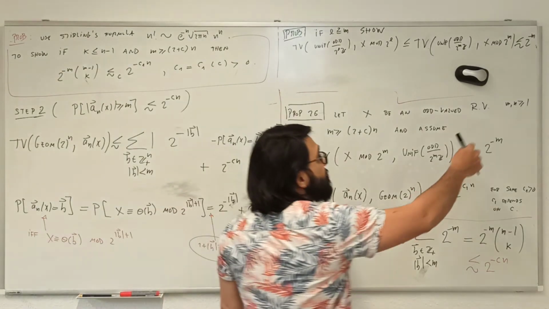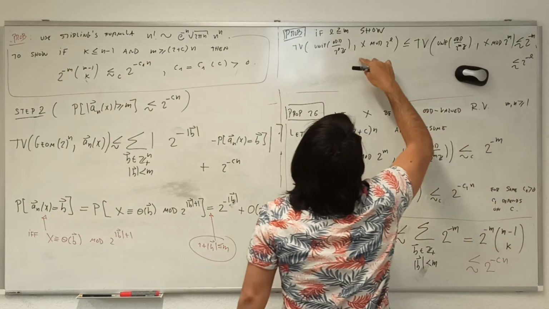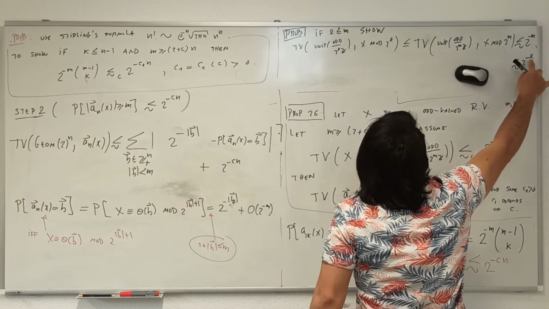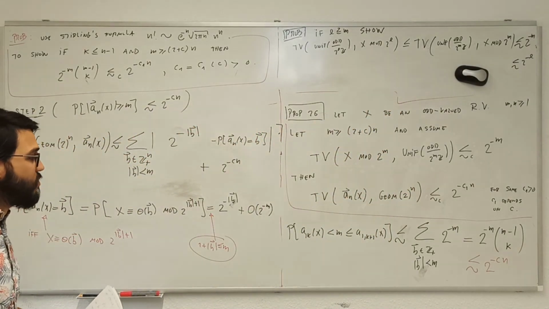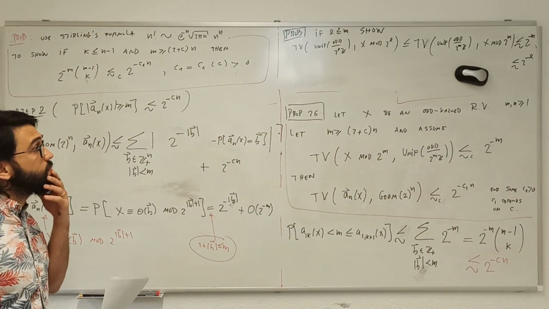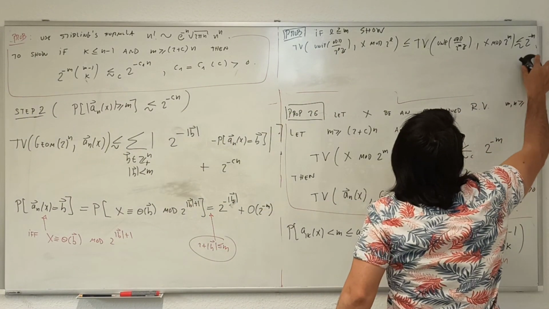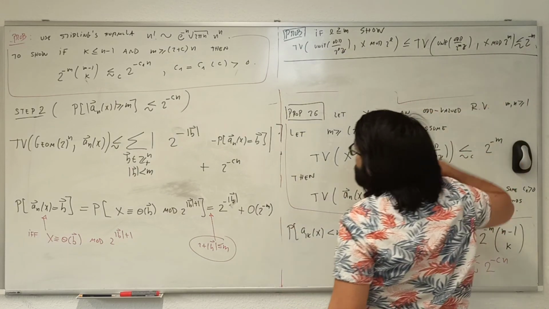In particular, since you can put M here, you can also put 2 to the L, so you get the exact same bound with L if you wish. But we're going to use it with the minus M, which is what we need. Okay, so yeah, so that's the problem.